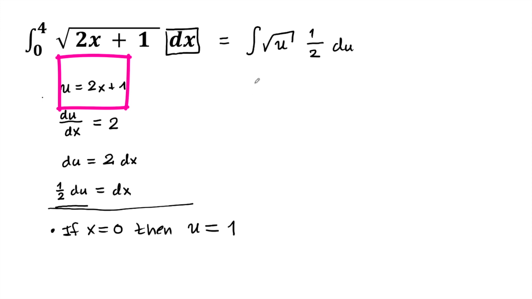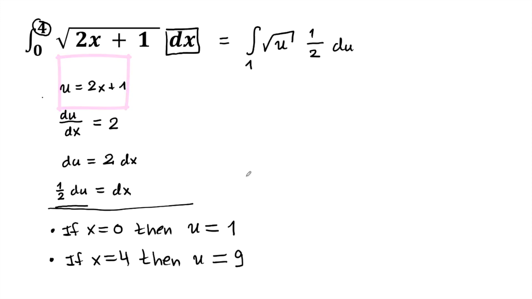That's the new lower bound of integration of this function. Now, if x is equal to 4, that's the upper limit of integration of the given function, then the corresponding u will be 2 times 4 plus 1, so 9. So this new integral will be from 1 up to 9.